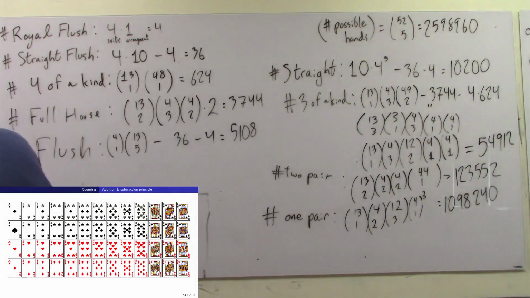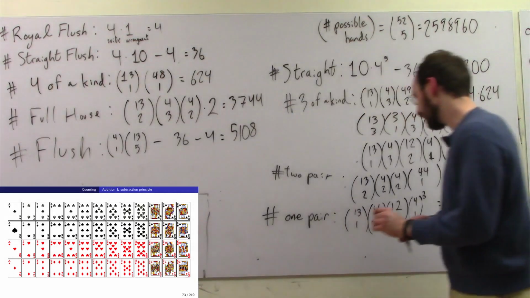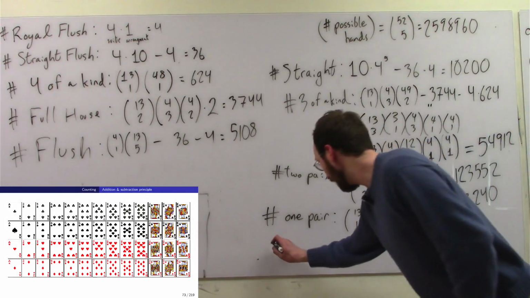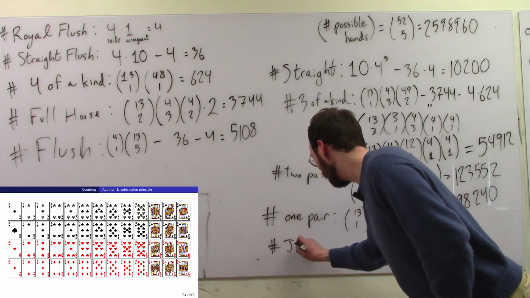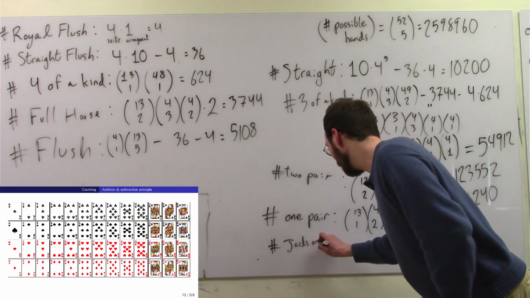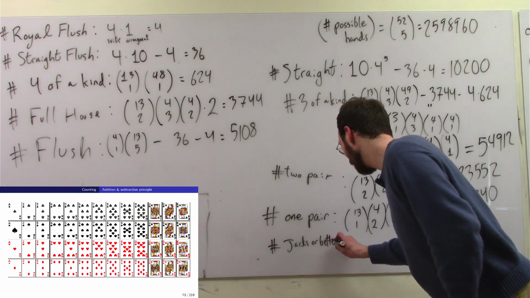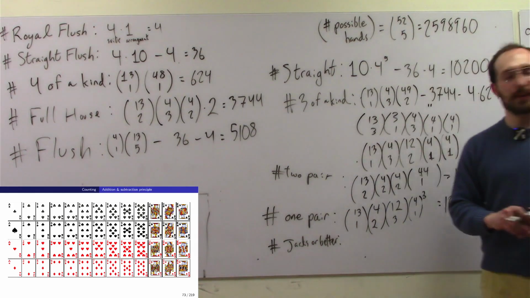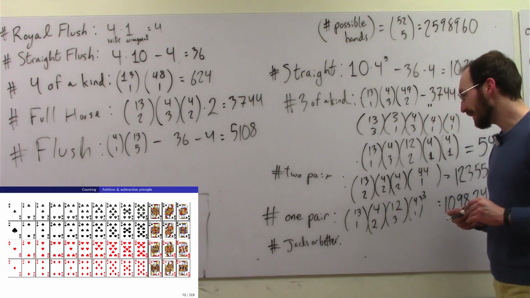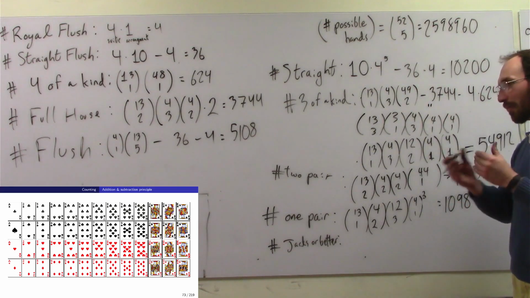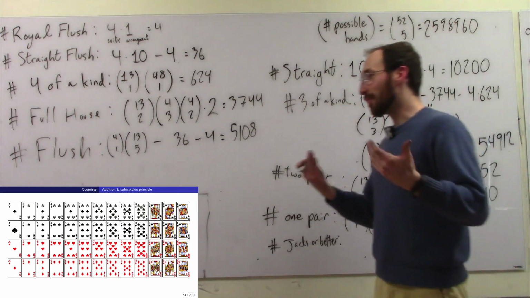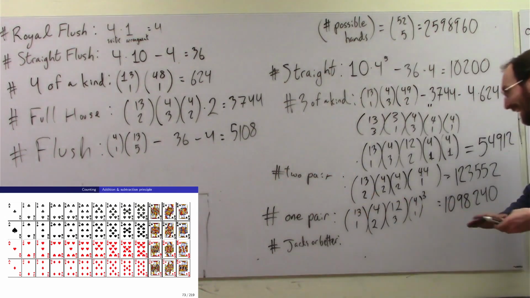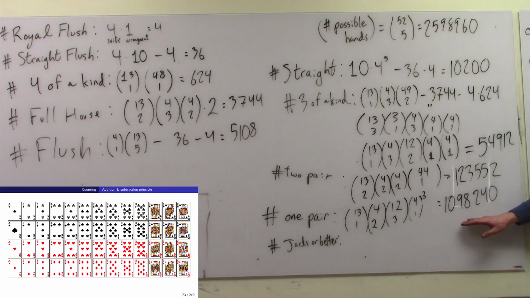Let's do number of jacks or better, because somebody said it. If you've ever played a machine, you know that if you get 1 pair, well, I guess this maybe explains why just getting a pair on a machine is not enough to actually get you money, because you actually have a pretty good chance of getting a pair.